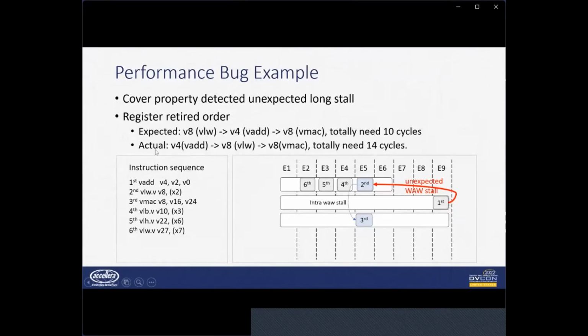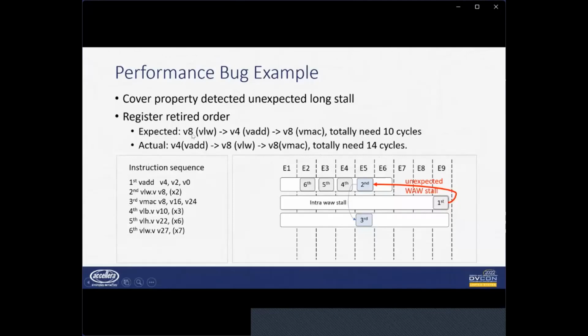Actually, in the RTL's implementation, the register return order is V4 from VADD, V8 from VLW, then V8 from VMAC. Totally needing 14 cycles.